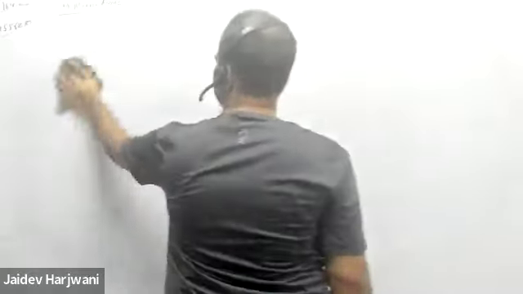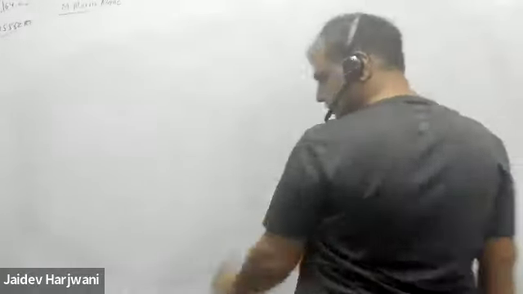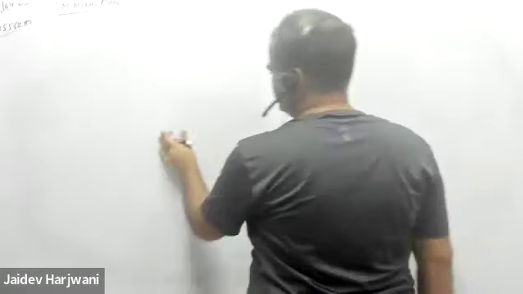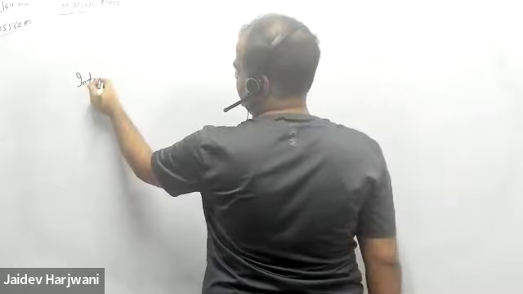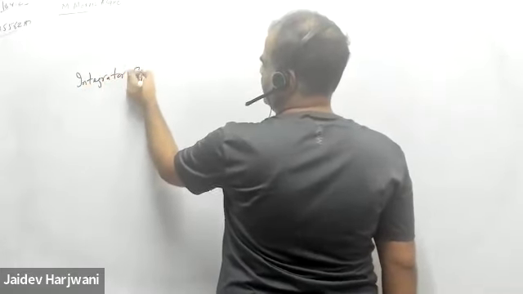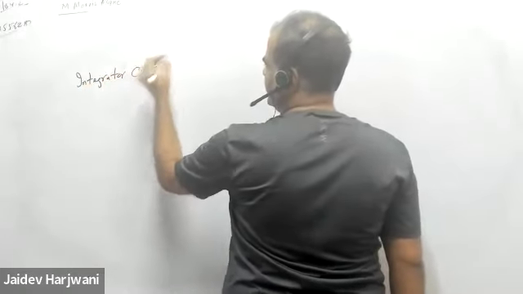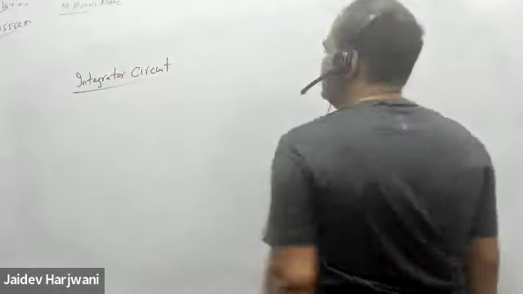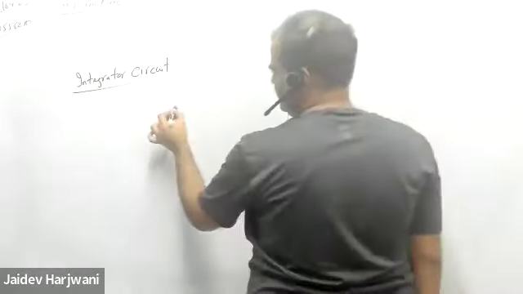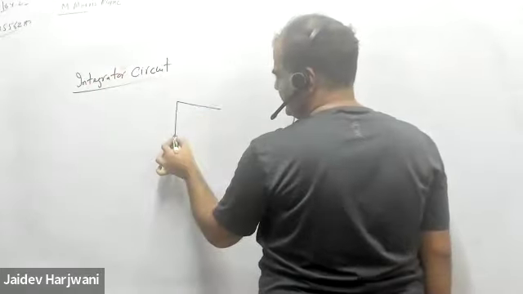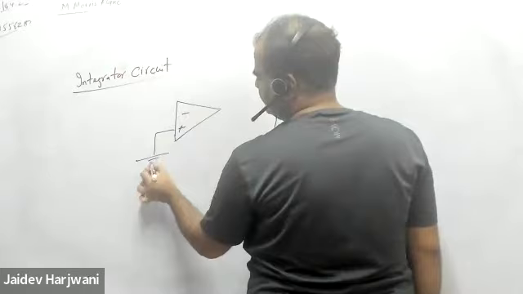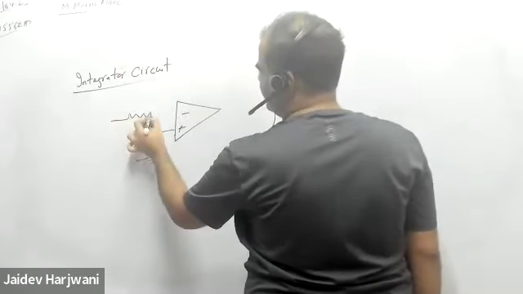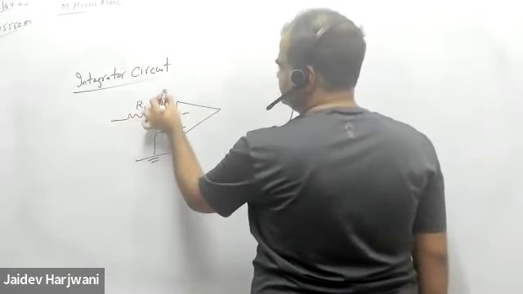Now the next is integrator circuit. Okay, integration. So the integrator circuit, the circuit with op-amp is same like differentiator, only we have to replace now the position of capacitor.